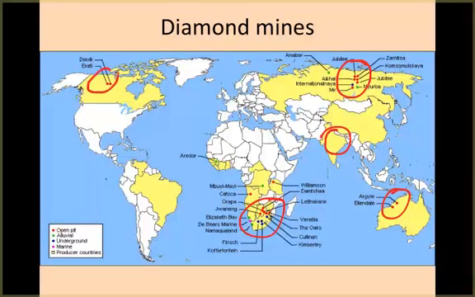And then I mentioned those in northwestern Canada. There are also some in Brazil. And these are all locations of kimberlite volcanoes in the ancient parts of the continent, so in the cratonal areas or near the cratons.